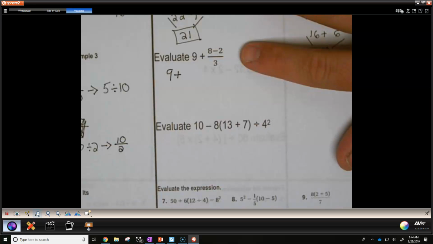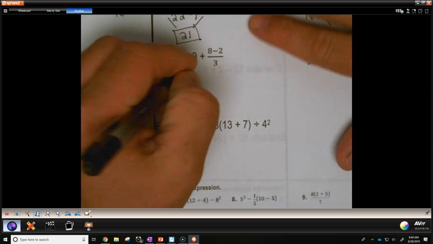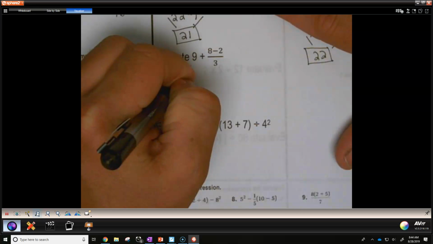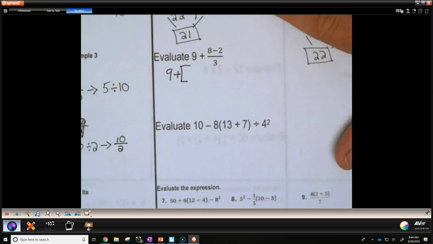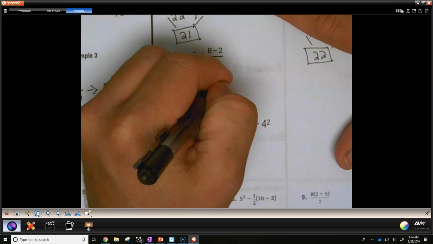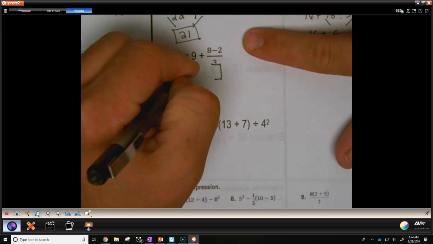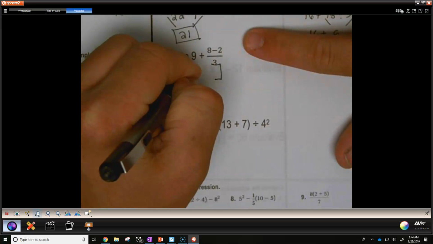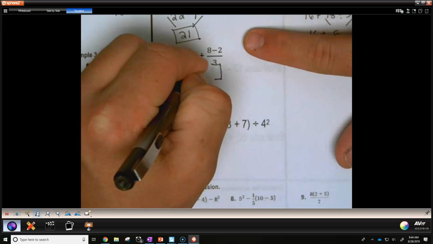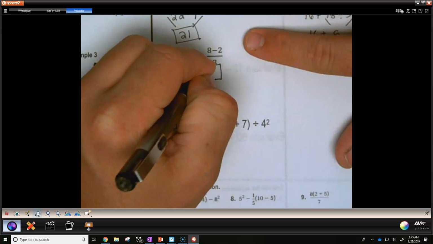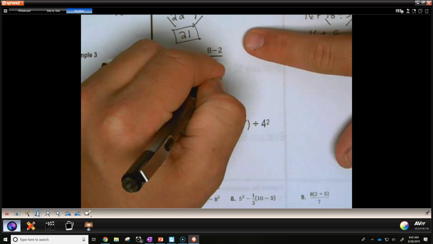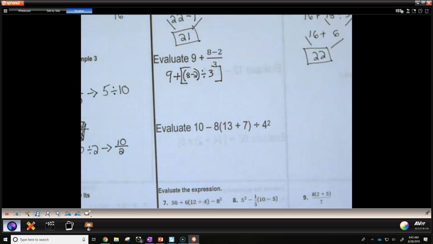Because I have a fraction here, I'm going to go ahead and put it as a bracket. In parentheses, I'm going to list my numerator first, which is 8 minus 2 divided by 3. That is the exact same equation.